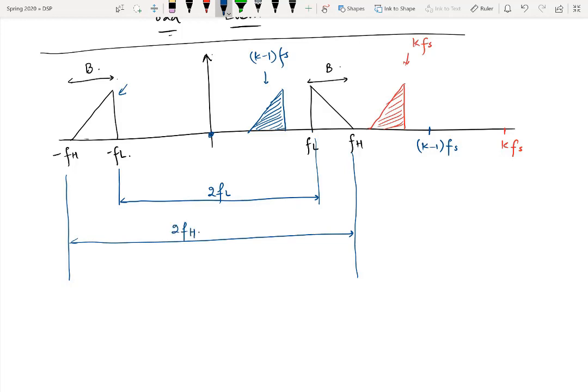Okay. Now you see, this point is (k minus 1) fs. So the distance from here to here is (k minus 1) fs, right? But if I subtract this range, which is basically equal to FL, because this copy is actually shifted by (k minus 1) times fs.